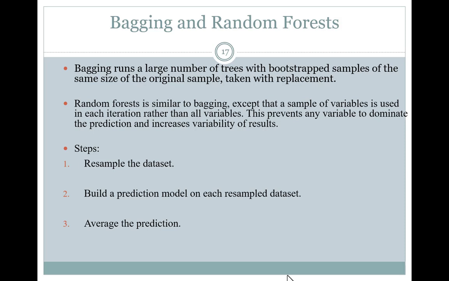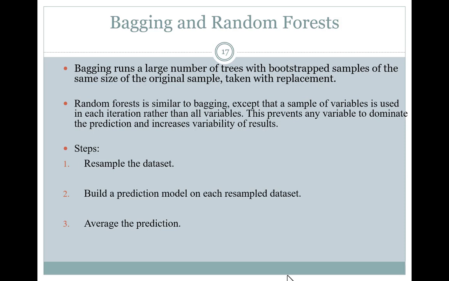So, bagging and random forests. Bagging stands for bootstrapped aggregation. You run a large number of trees with bootstrapped samples, taken with replacement, and then combine the results. Random forest is a similar idea, using bootstrapped samples, but instead of using the same variables for every tree, it takes a sample of variables.